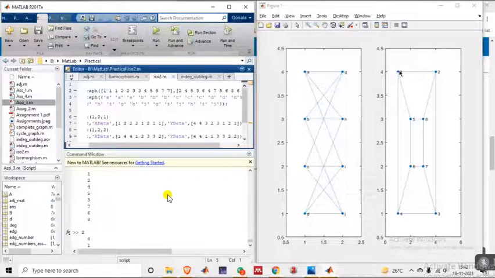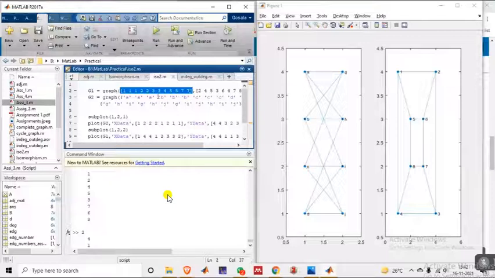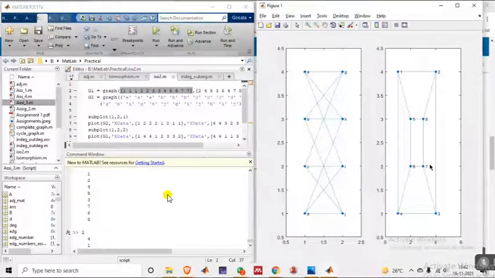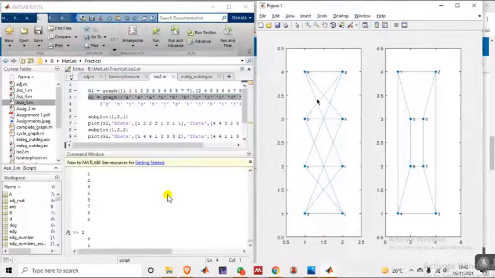So 1 is connected to 2, 4 and 5. That is graph 1, which comes in the second part, and graph 2 which has come in the first part.